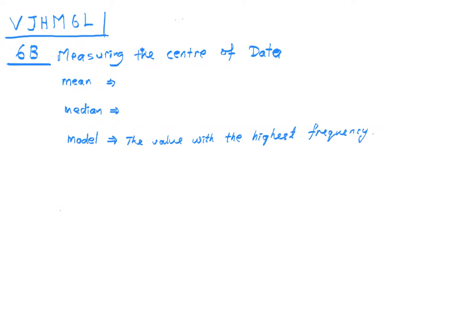Okay, when do you use mode? When is mode important? For example, if I want to talk about shoe size, or I want to sell, for example, a factory packs certain things in packets of 1 kg, 500 gram, 5 kg or 10 kg.